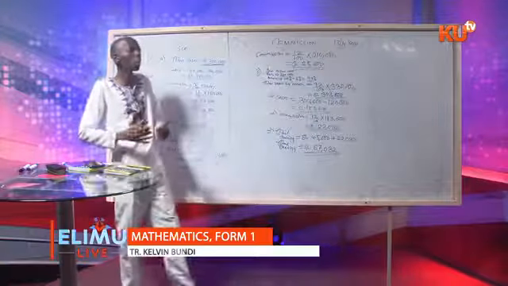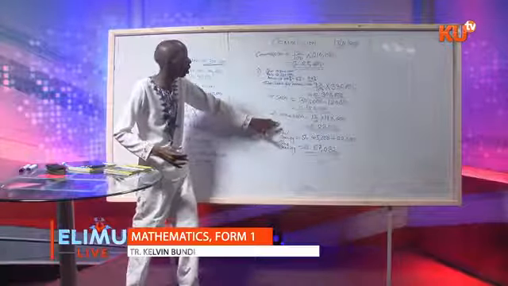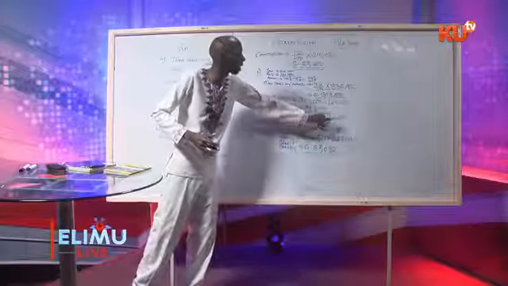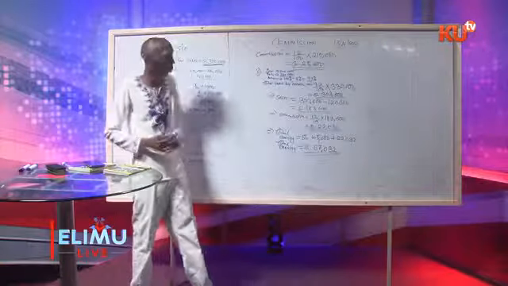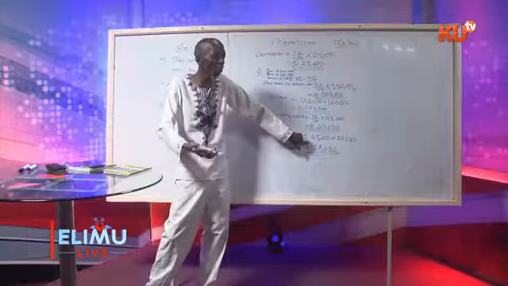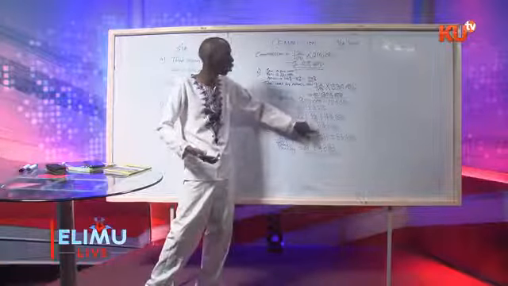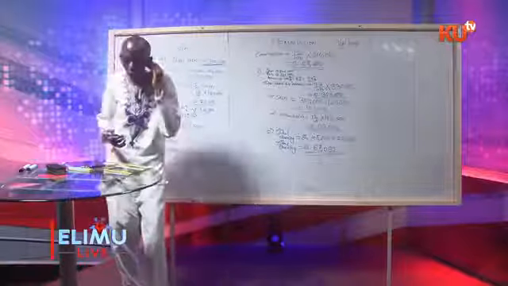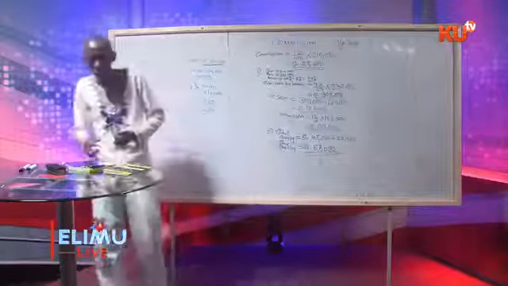Then back to our commission: the rate is 12%, so commission is 12% of 183,600 shillings, which is 22,032. Total earnings is the basic salary, 45,000 Kenya shillings, plus the commission of 22,032 shillings, and we get the total earnings for March as 67,032.